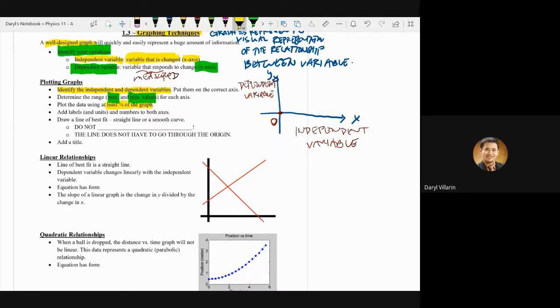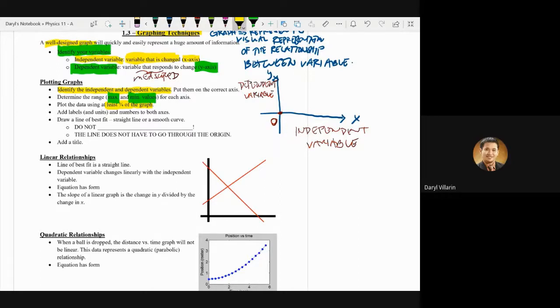There's no point in having a very small graph, because the purpose of the graph is to give you a visual representation. If you have a very small one, that defeats the purpose of your graph.